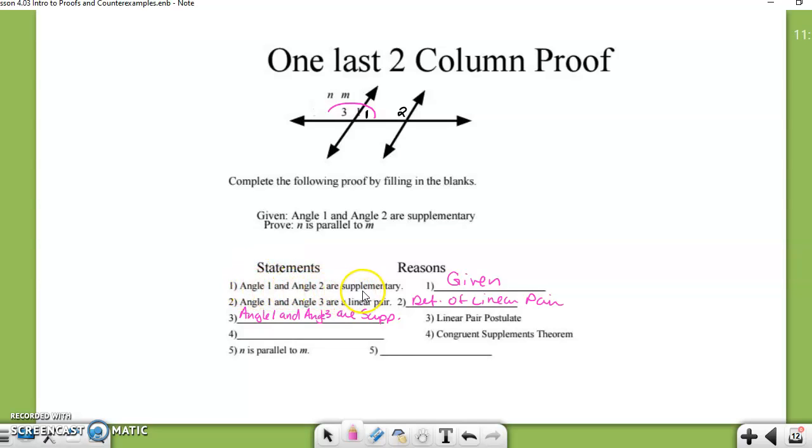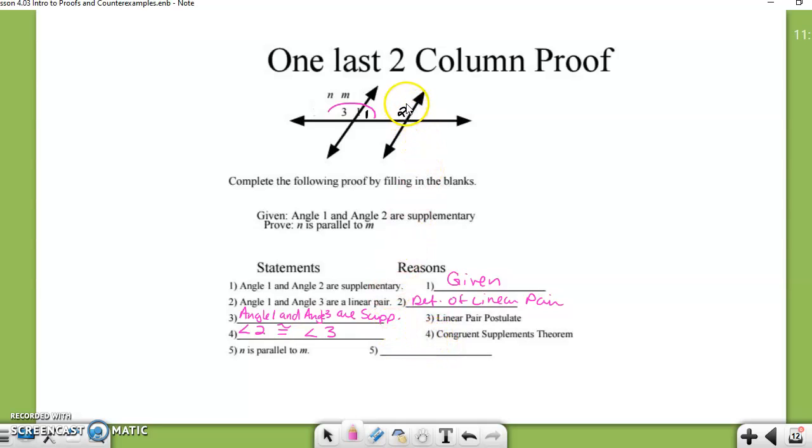Angle 1 and 2 are up here listed as supplementary. So now I've got angle 1 and angle 3 are supplementary. Okay, so now I can say that I've got 2 different things supplementary to the same thing. So I know that they are congruent to each other by the congruent supplements theorem.